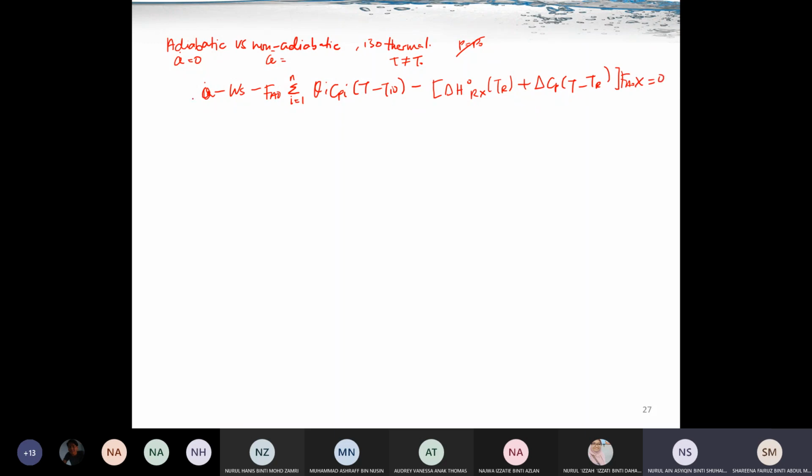Later I will explain. Let me write down the equation first. So this is the general equation that you need to know, and basically how to use it.